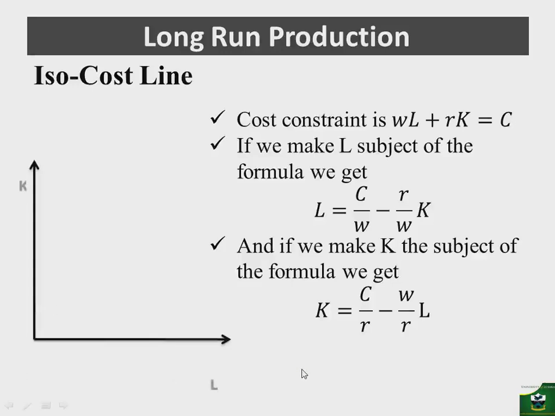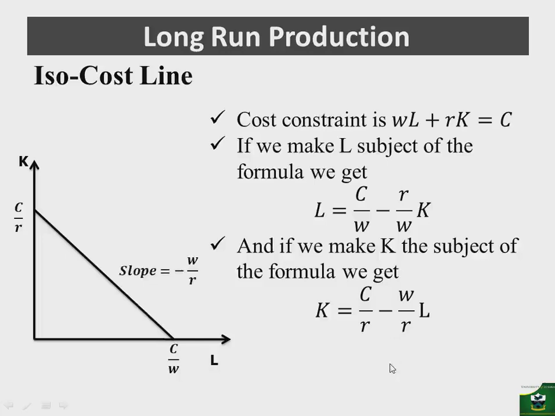So on the vertical axis we put capital, and on the horizontal we put labor. Now, since the isocost has a negative slope, it will be downward sloping. From here, we can define our vertical intercept, which is C over R, and our horizontal intercept, which is C over W. Recall that the slope of the isocost line is negative W over R.